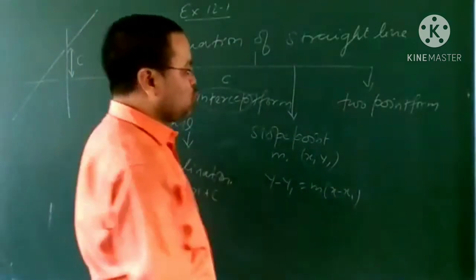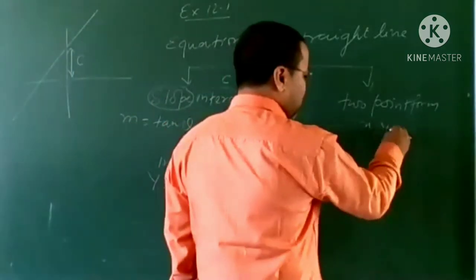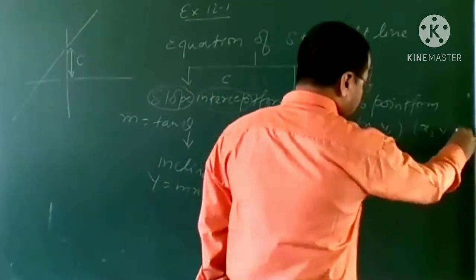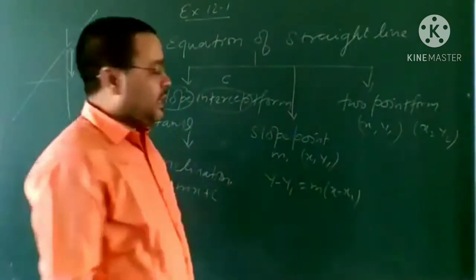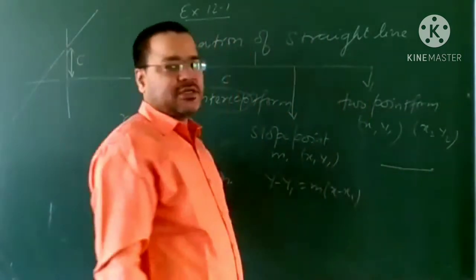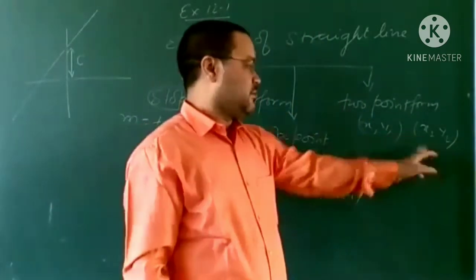After that, 2-point form. If there are 2 points, x1, y1 and x2, y2, and you want to join them, then what will be the equation of this line AB?